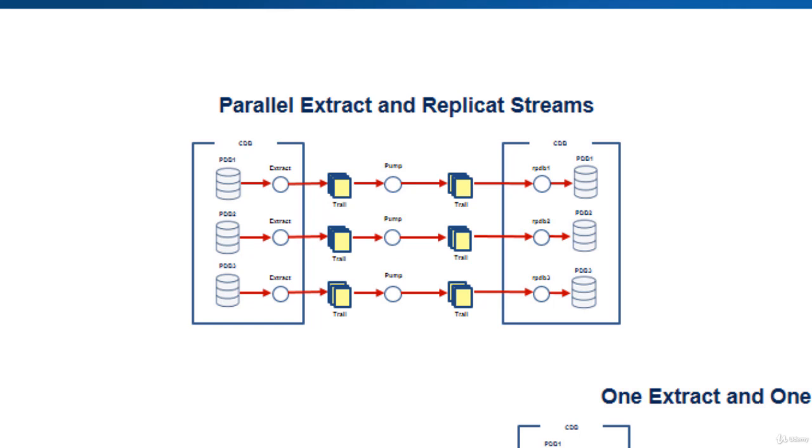This option provides independence when managing Oracle GoldenGate processes. For example, we can stop an extract process for a PDB without affecting the other extracts. But this configuration involves more management overhead than the other configuration options, because you have to manage many extract processes.